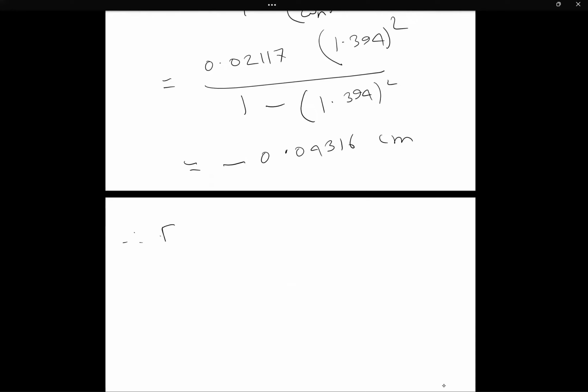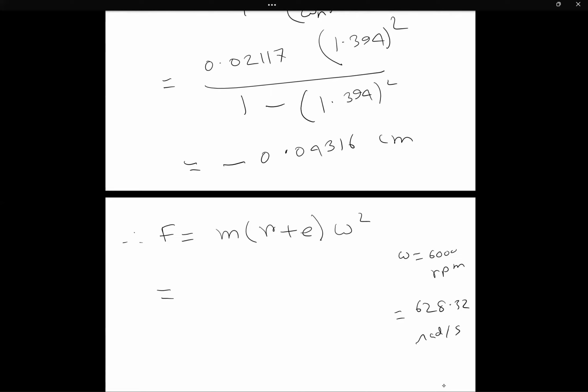So we can write F equals M times R plus E, times omega square. Omega was 6000 RPM. If I convert it to radian per second, it would be 2 pi times 6000 over 60, which is 628.32 radian per second.